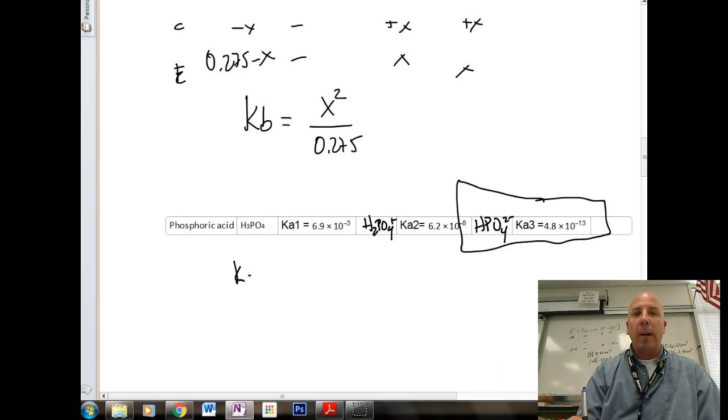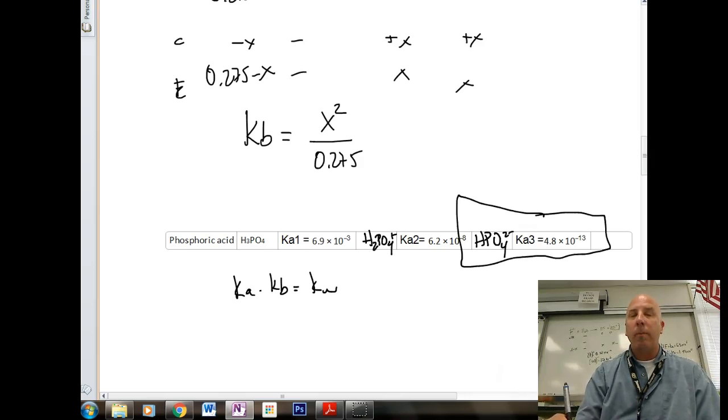So we're going to use Ka multiplied by Kb equals Kw, assuming this reaction is at 25 degrees Celsius, 298 Kelvin. So that's going to be 1.0 times 10 to the negative 14th, which is Kw, divided by 4.8 times 10 to the negative 13th.